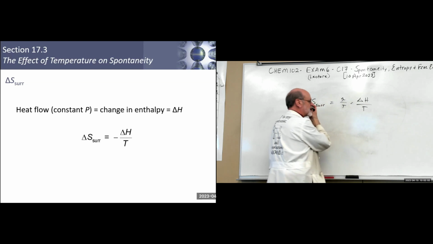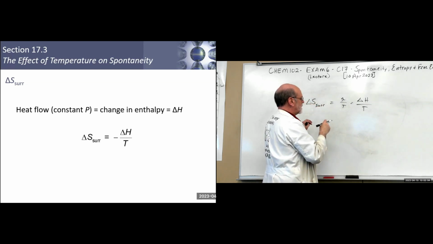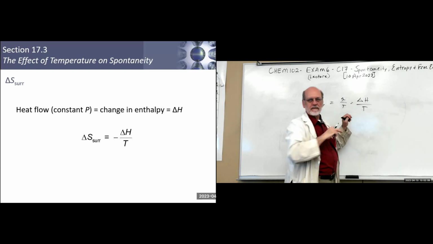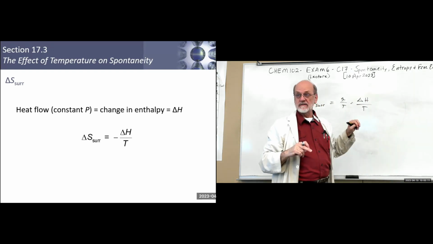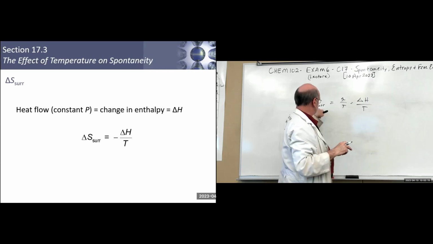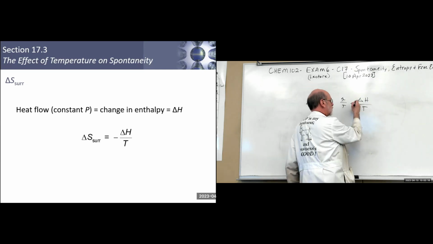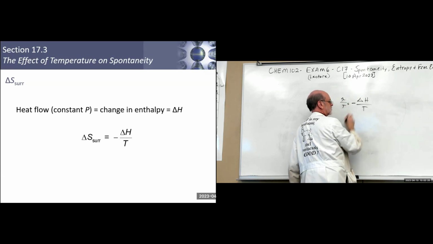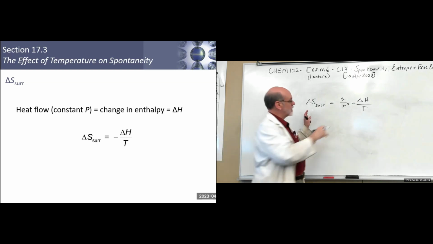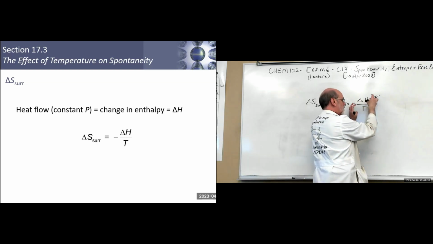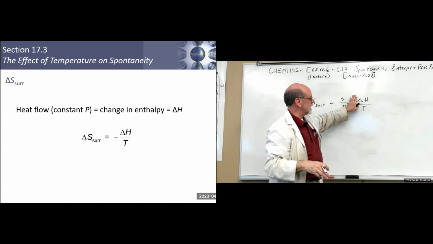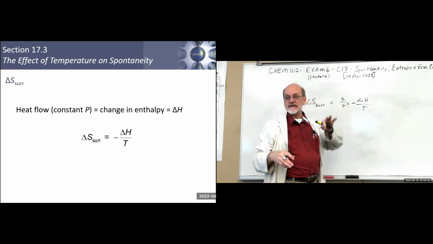And we also have to change the sign, because if the enthalpy is exothermic, then it's going to be negative, but that would decrease this value. So we have to fudge it here with a negative, because this is referencing the surroundings. Without the negative, we're referencing the system.